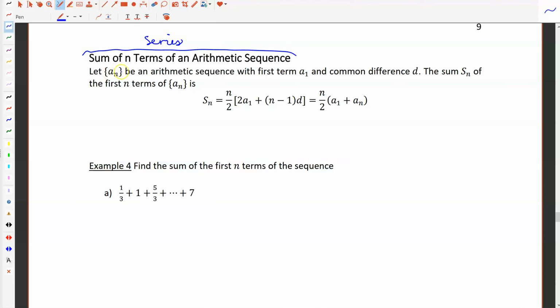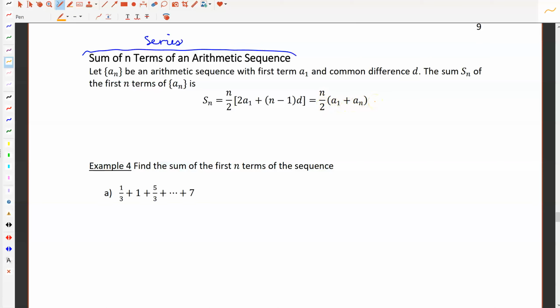So if a sub n is an arithmetic sequence that has first term a sub 1 and a common difference d, the sum s sub n of the first n terms of that sequence is found by one of two formulas. s sub n can either be found by doing n divided by 2 times the quantity 2 times a sub 1 plus n minus 1 times d, or we can find it by doing n divided by 2 times a sub 1 plus a sub n.